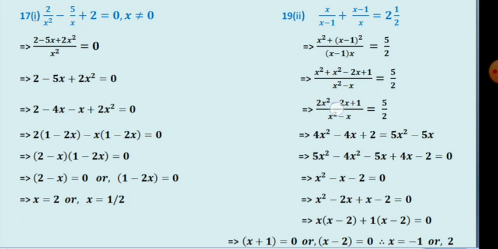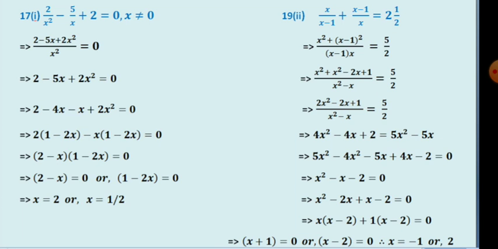So we will get 2x squared minus 2x plus 1 divided by x squared minus x equals 5 by 2. Now cross multiplying this. So in the left hand side, if I multiply the whole equation by 2, we'll get 4x squared minus 4x plus 2 equals 5 into x squared minus x, which gives 5x squared minus 5x.